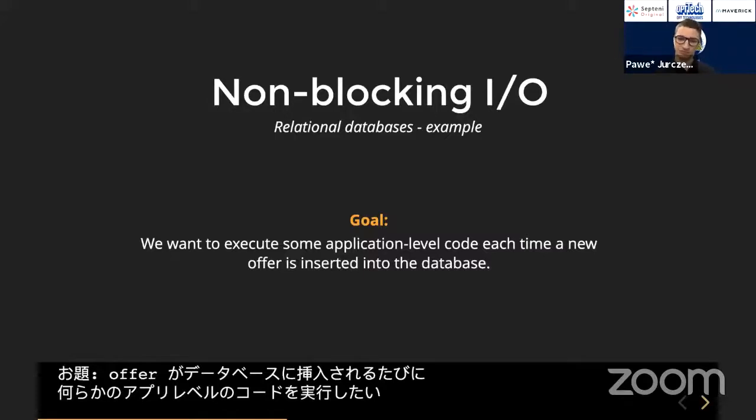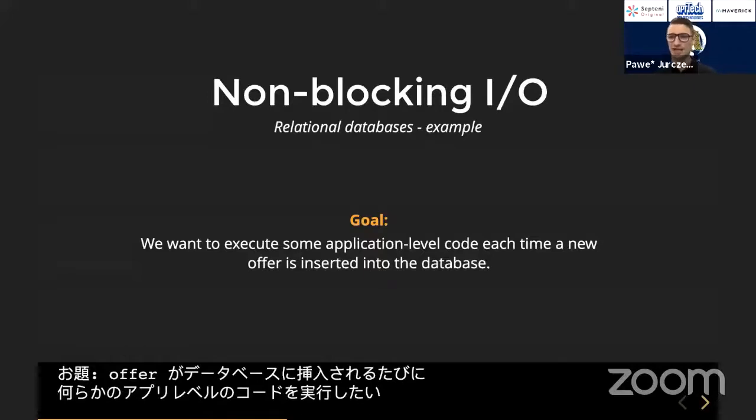So in case of the specific use case, in my company, the main abstraction that we are operating on is called an offer. You can think of an offer as a product, as a bike, as a smartphone, as a book, all of that. And let's assume that we have a table, relational table with offers, and each time a new offer is inserted into the table, we would like to perform some application level logic, okay?